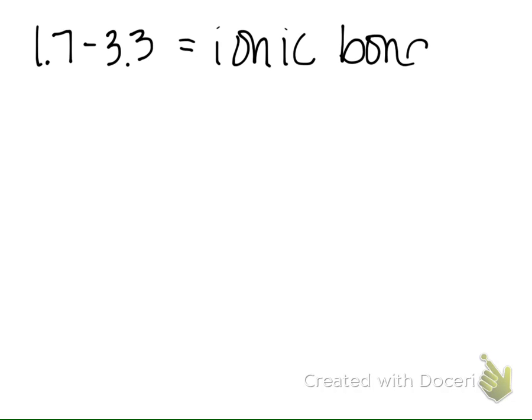If the value is between 1.7 and 3.3, it's an ionic bond. If the values are between 0.3 and 1.7, it's a polar covalent bond.